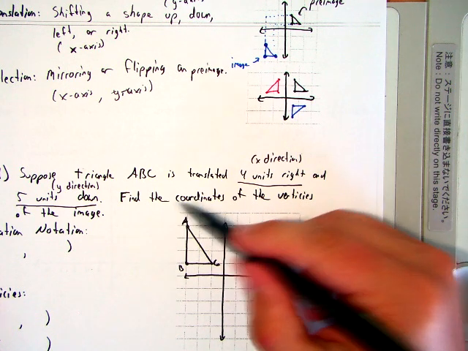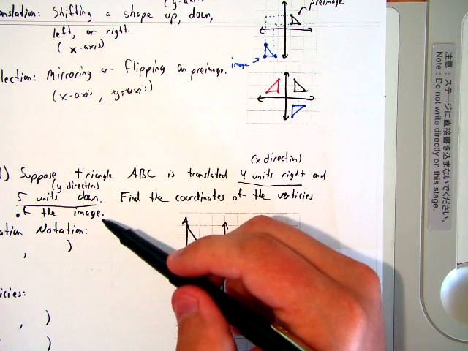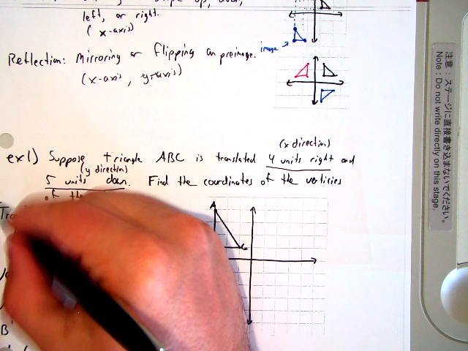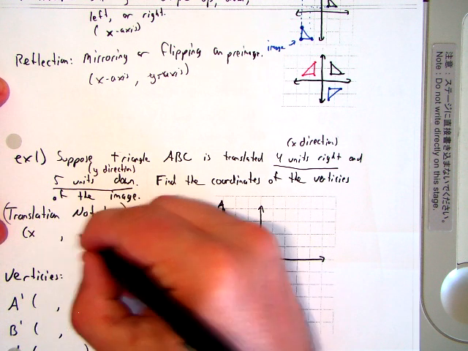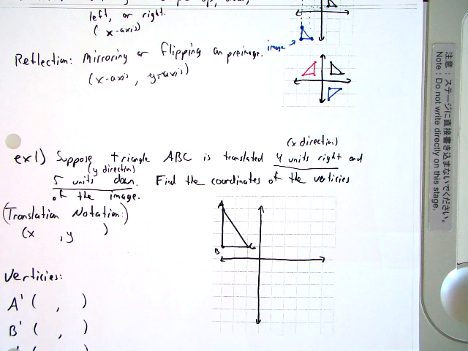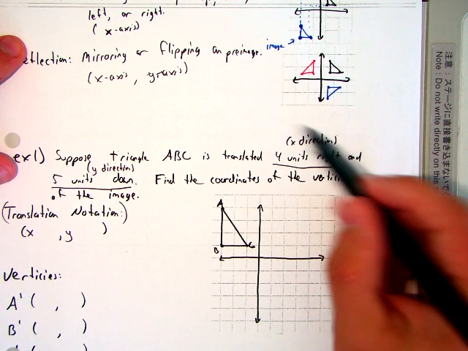So find the coordinates of the vertices of the image. Now, something we have here, it's called translation notation. Translation notation tells us how to move from the pre-image coordinates to the image coordinates. And what we do is we write down simply x and y, because those are the 2 coordinates of any ordered pair. X is first, then y is second. And then we look at the translation.